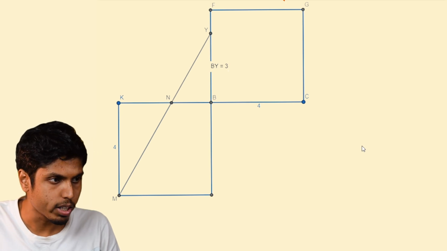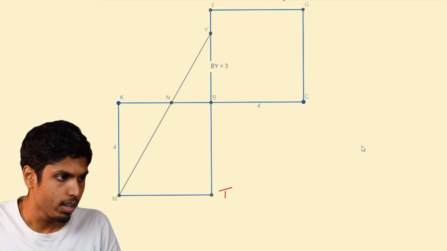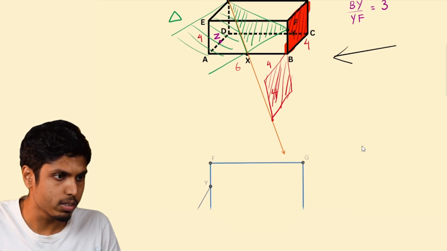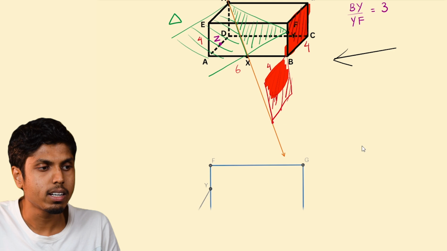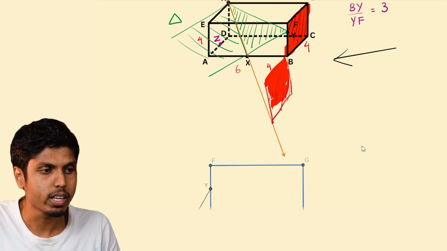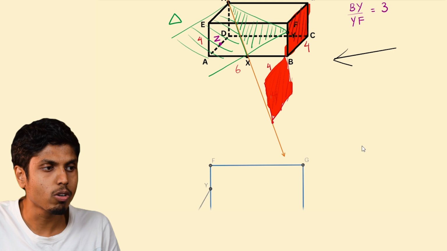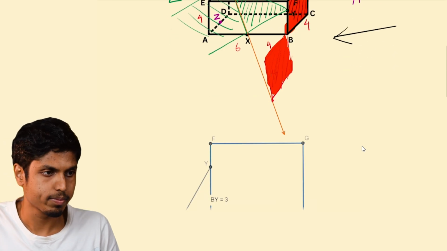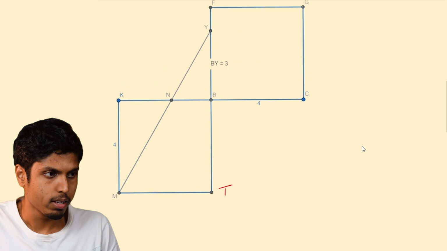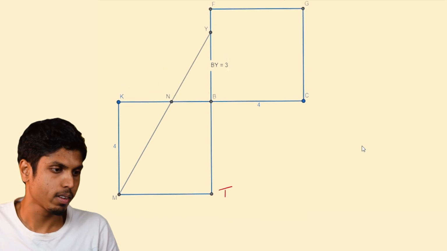Let's name it as some point T. So MKBT is this one, which is obtained as a result of symmetry by the reflection of the face ADHE with the point X. And we will land up here.